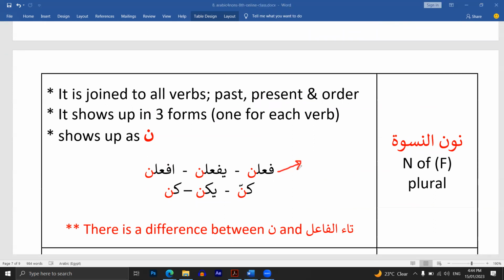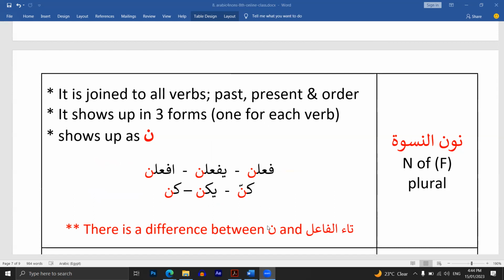They did. But this time I'm talking about a group of females. يفعلن, they do. افعلن, do. كن, they were. يكن, they are, and كن. I'm giving a command.